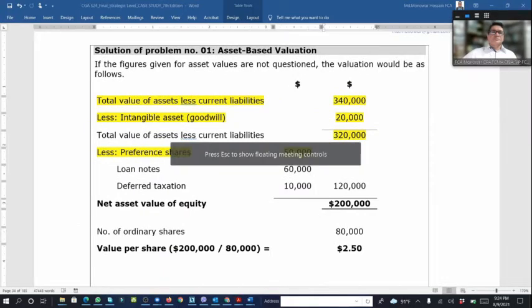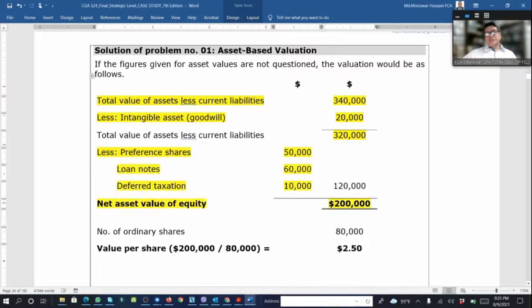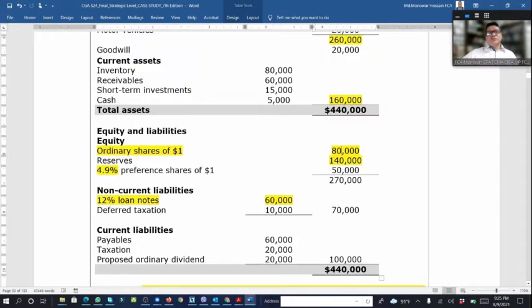One item is deferred tax within the balance sheet. After deducting that, we will get the net asset value of equity, that means 2 lakh. The number of shares we have is 80,000, because per share value is $1.